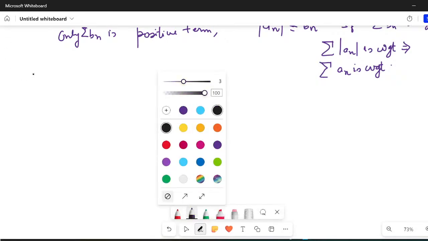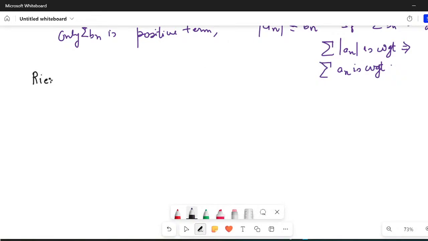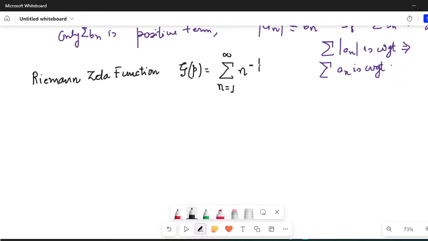The Riemann zeta function is given by zeta(p) equals summation n equals 1 to infinity of n raised to the power minus p. So this is called the Riemann zeta function.